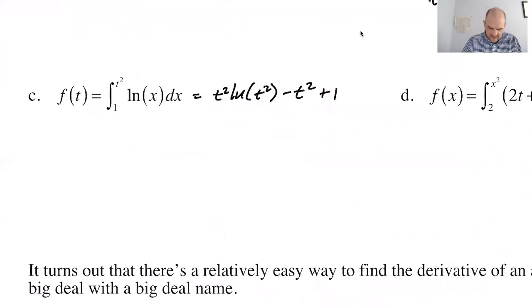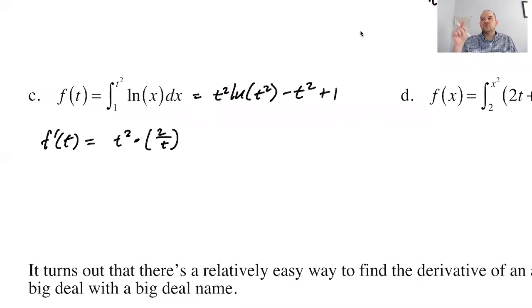Let's find the derivative of this. So f prime of t. Well, this one's annoying because we're going to have to use the product rule and so on. So first, the derivative of the second is 1 over t. It's actually 2t over t squared, so it's 2 over t.